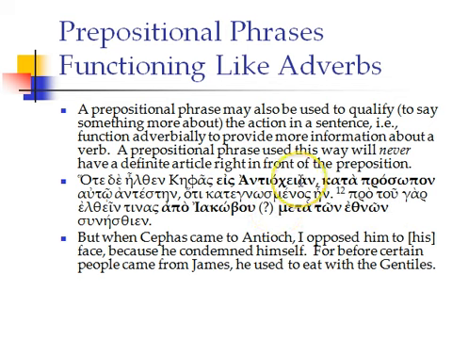So if we look at each one of them and how they function, all four of them can be understood as adverbial prepositional phrases giving more information about some action in the sentence, although one of them, the one with the question mark, is a bit ambiguous, and it's worth considering whether Paul means for it to be taken adverbially or adjectivally.